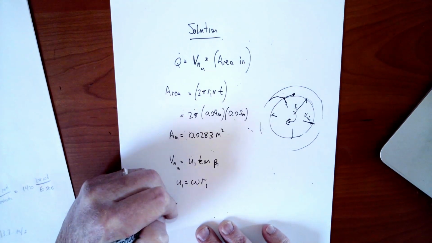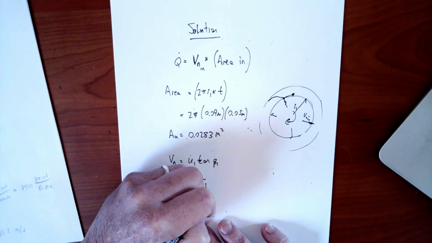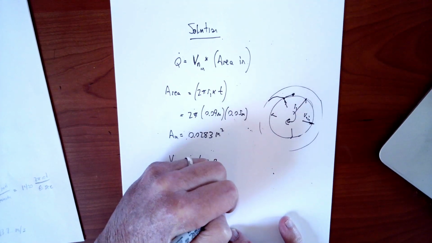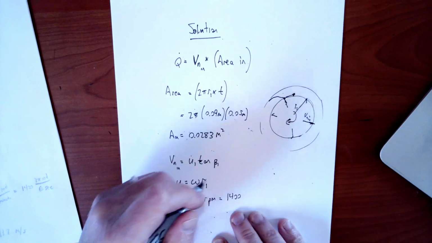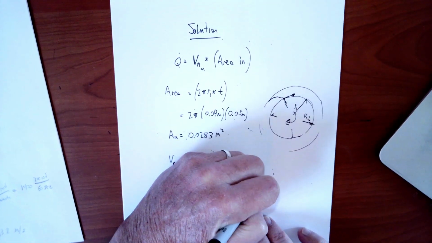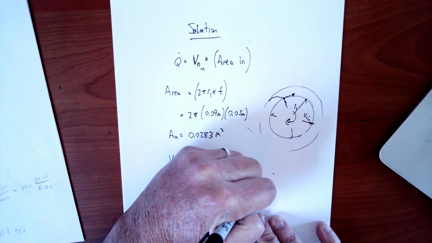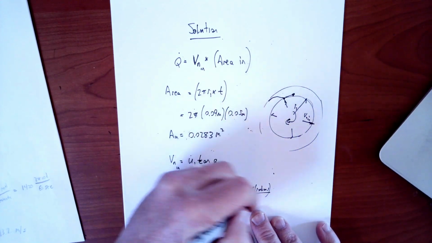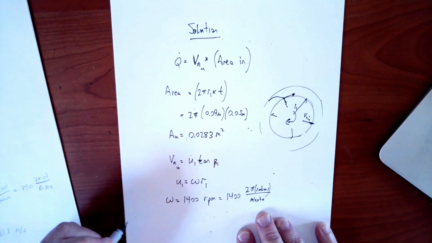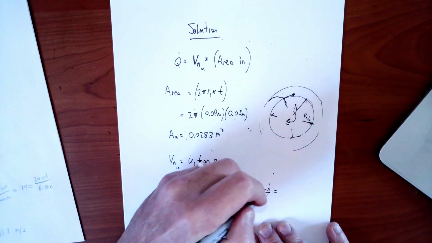The angular velocity is given to us in RPM, 1400 RPM, which is equal to 1400 revolutions per minute. It's 2 pi radians per revolution, so I put radians there. So it would be 2 pi times 1400 radians per minute, but I don't want radians per minute.